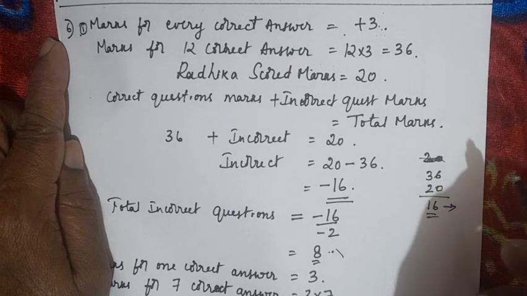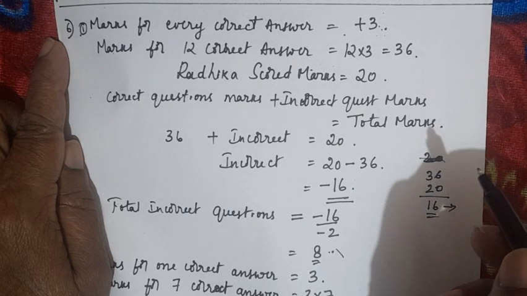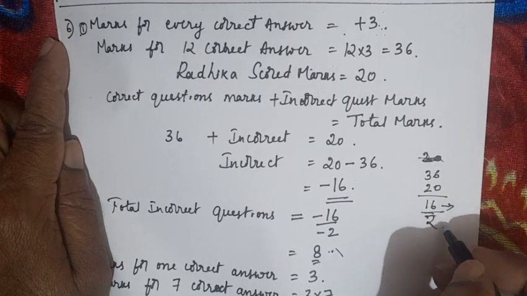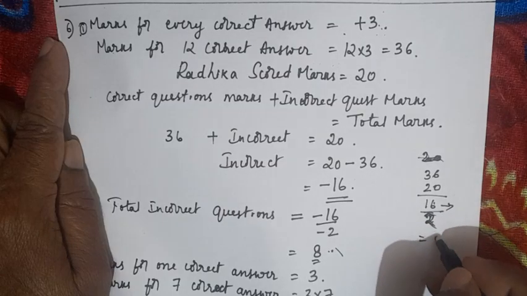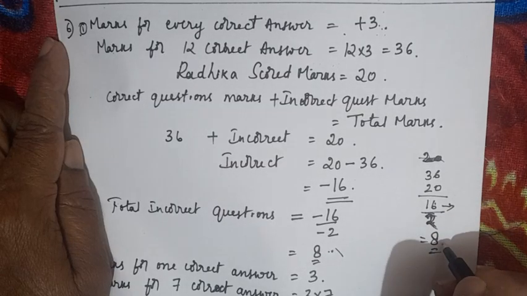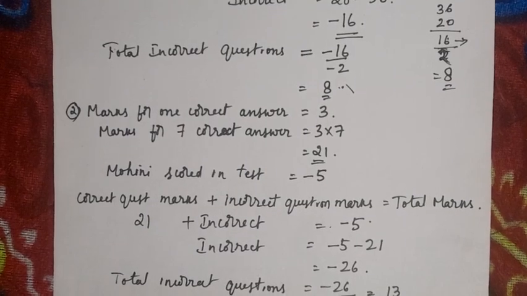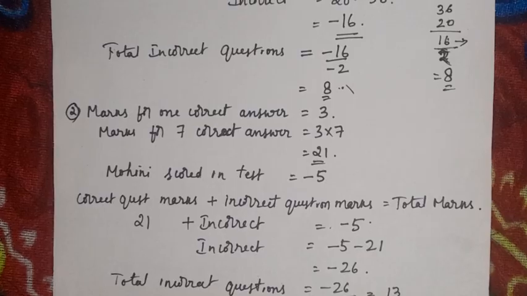So per incorrect question, how many marks are deducted? 2 marks are deducted. So 16 divided by 2 is equal to 8. So 8 questions are answered incorrectly.